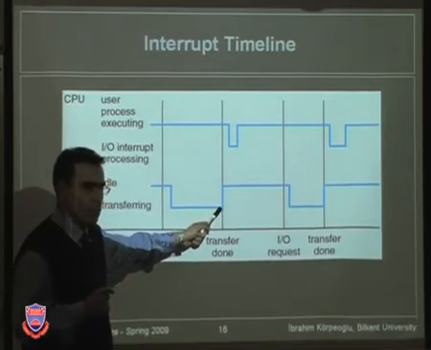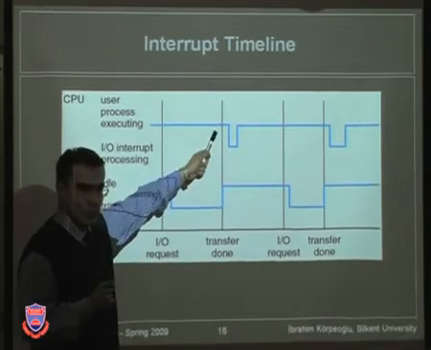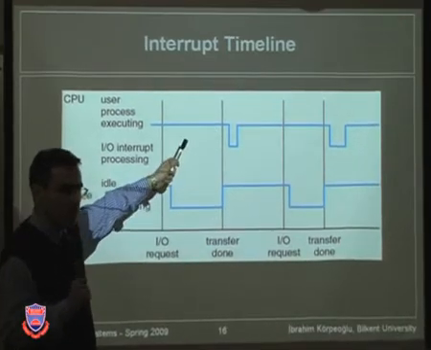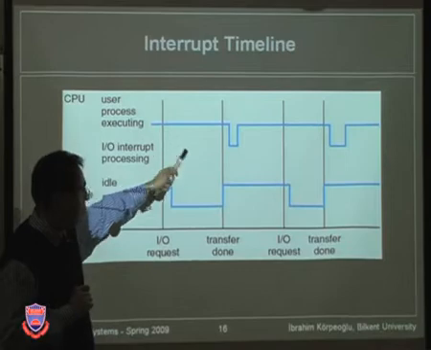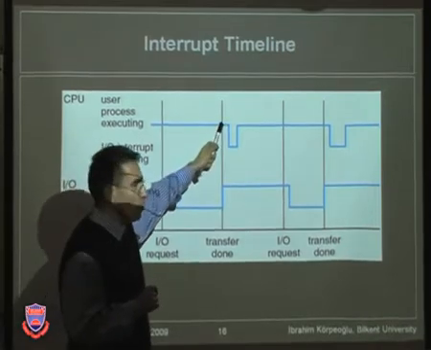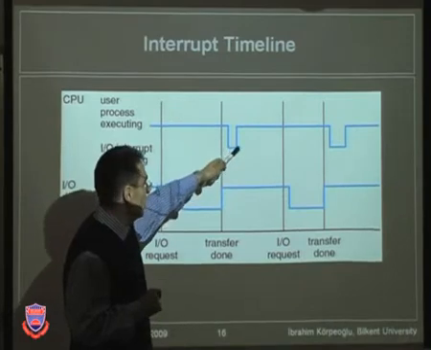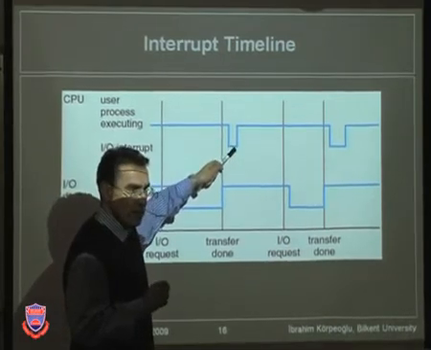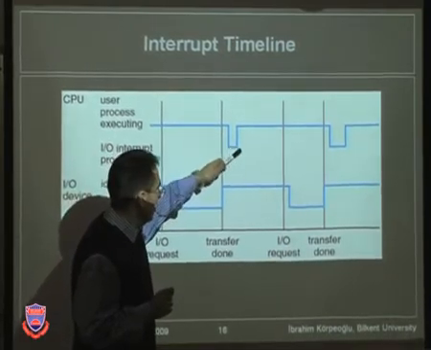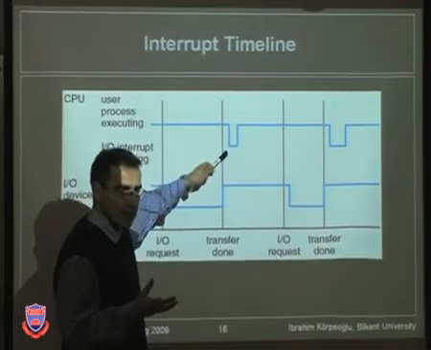Then what happens? The disk controller interrupts the CPU, indicating that the read operation from the device to the controller is completed. That causes the CPU to stop the currently running application. It is no longer running in the CPU, but the disk read interrupt service routine is now running in the CPU to handle that interrupt.